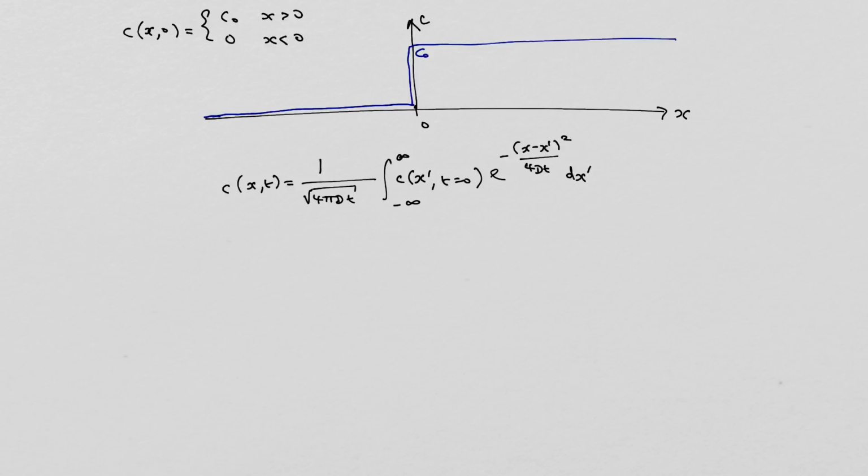So you can imagine that as t tends to 0, the fundamental solution bit here tends to a Dirac delta function. So forget this for the moment. This tends to delta of x minus x primed. And then the integral of c of x primed, delta of x minus x primed dx primed is just c of x, which is what is on the left-hand side for t equals 0. Yeah? So do you see it's equal to itself?